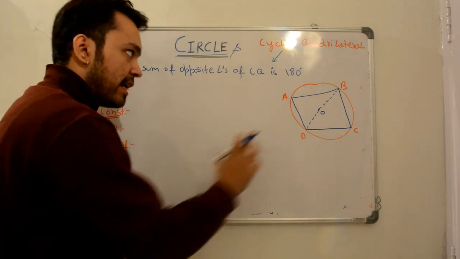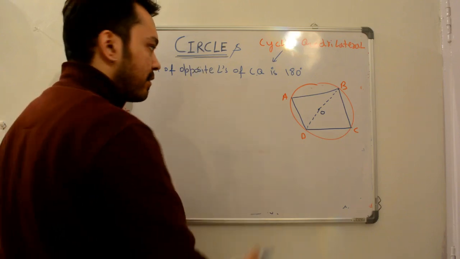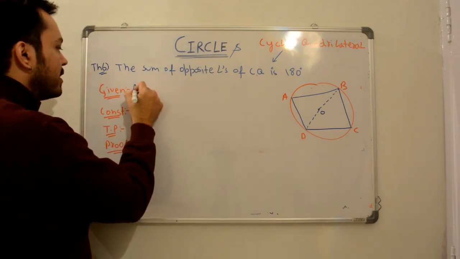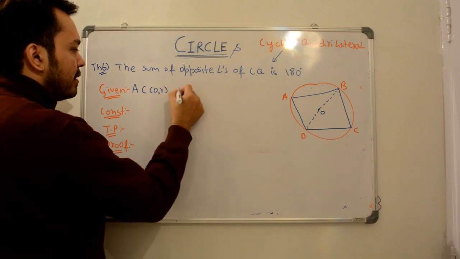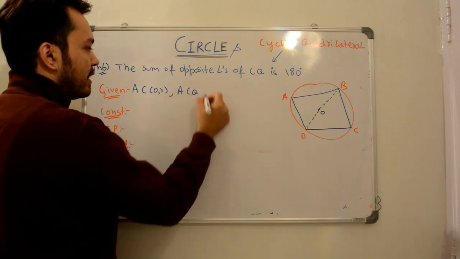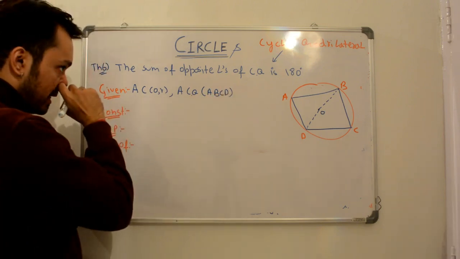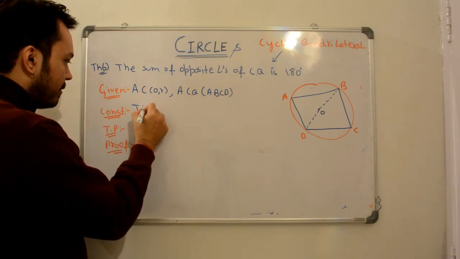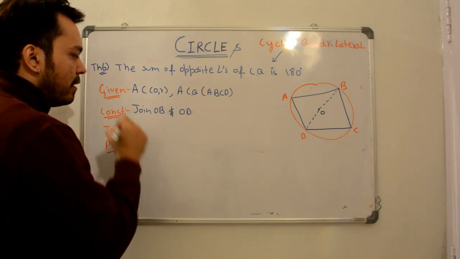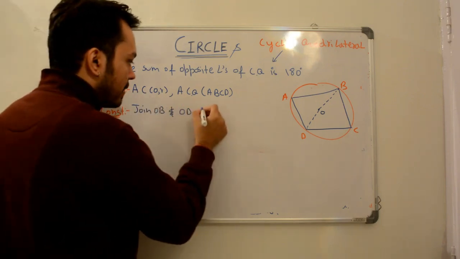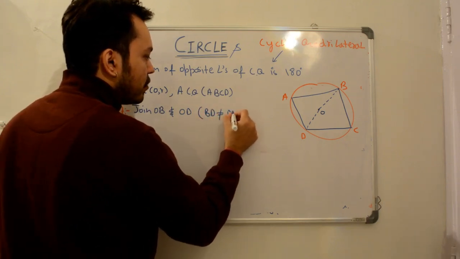Please note again that BD is not the diagonal of the quadrilateral. Clear? So what is given to us? A circle with center O and radius R. A cyclic quadrilateral A, B, C, D. Construction? Yes. Join OB and OD. Let me again highlight this point. BD is not equal to diagonal.